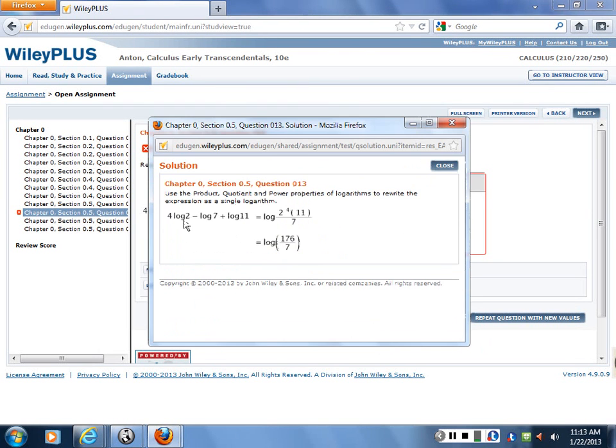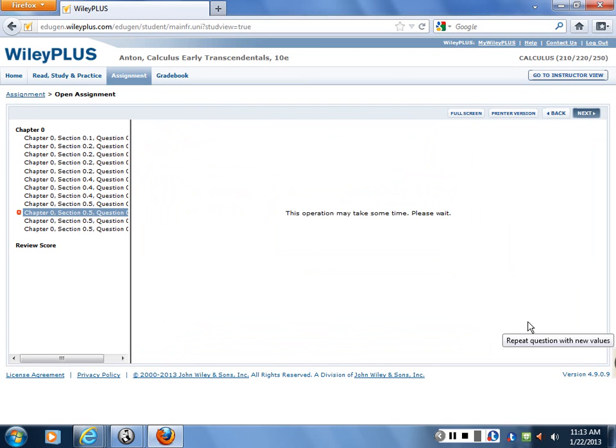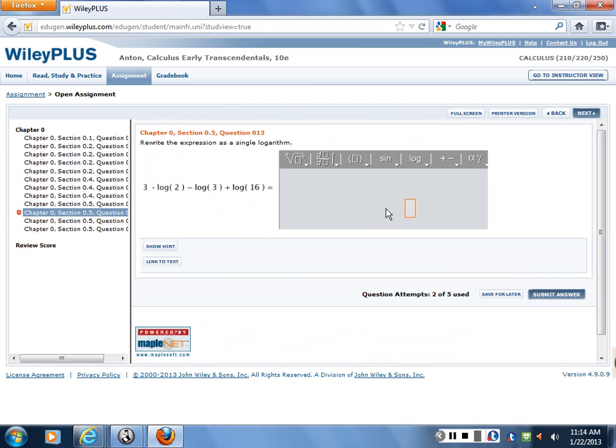Show solution. Okay, so I need to simplify that. When I divide logs, that's really putting that in the denominator. Or when I subtract, it's putting it in the denominator. And when I add it, it's multiplying by it. So the whole thing should be simplified as this. So then I can repeat question with new values. So I need a log. And I don't believe I need to put a base in here.